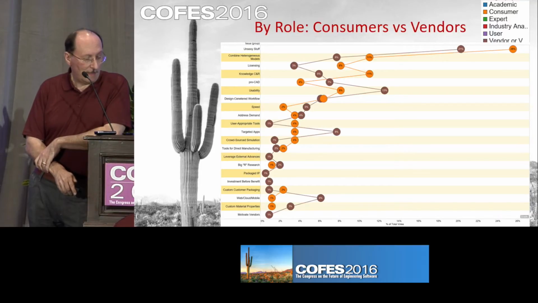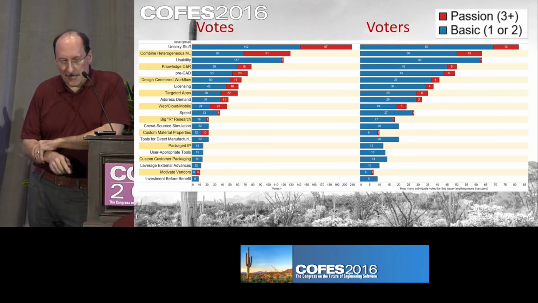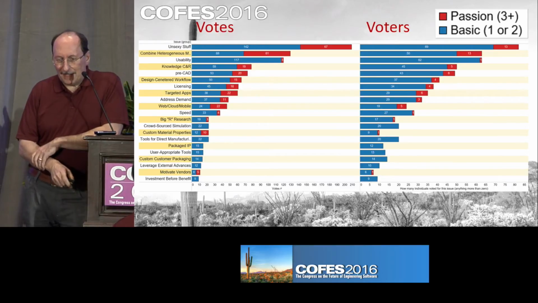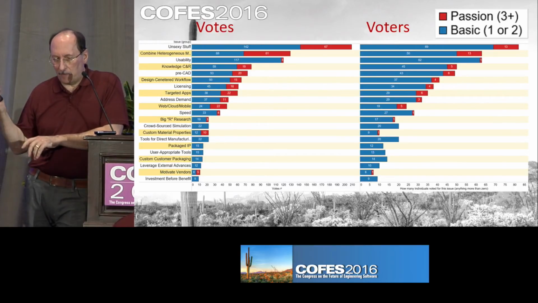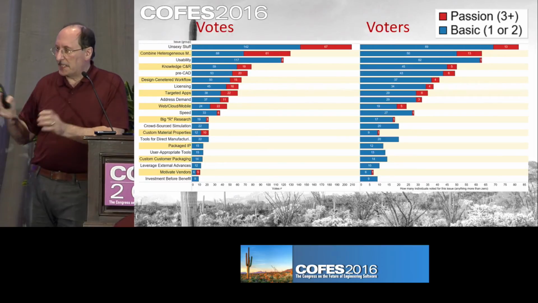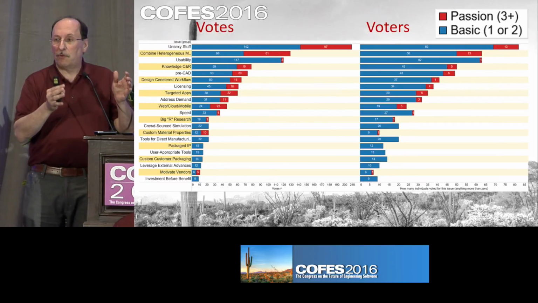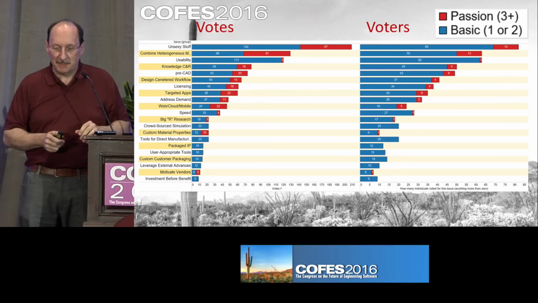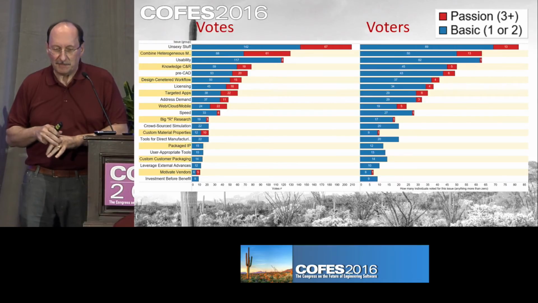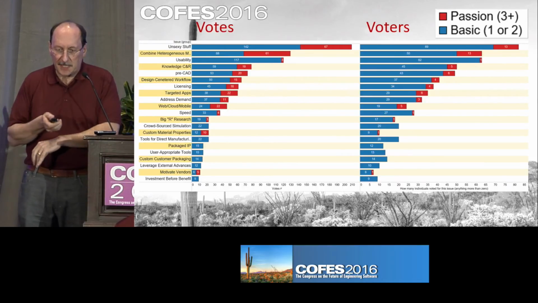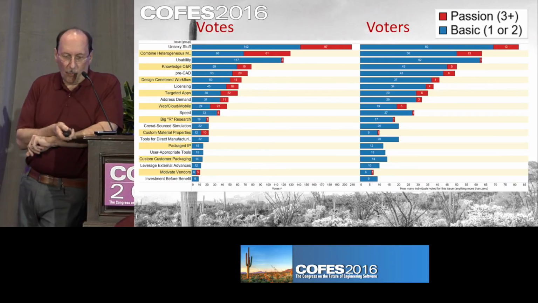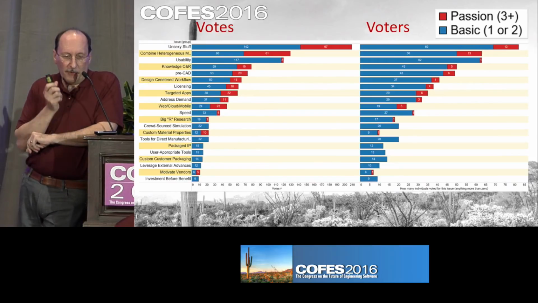sell it to them. Now, I mentioned passion earlier. If we define passion arbitrarily as, I've got 10 votes and I'm going to spend 3 of them or more in one particular place, that's some level of passion. And so we can say that one voter gave 3 votes to usability.